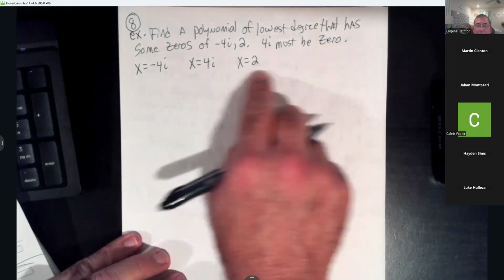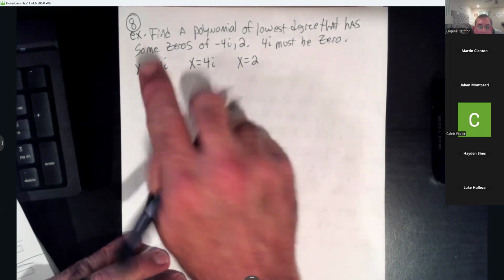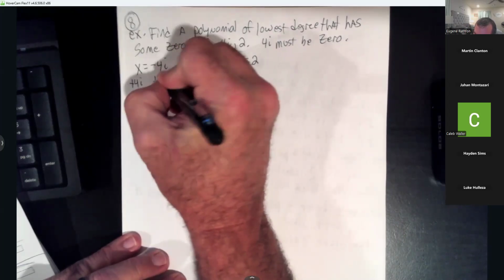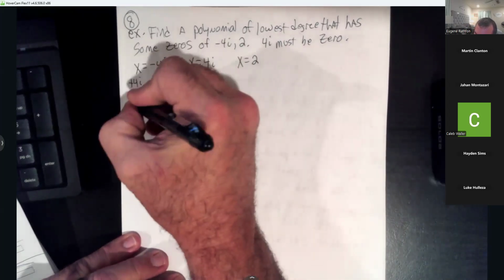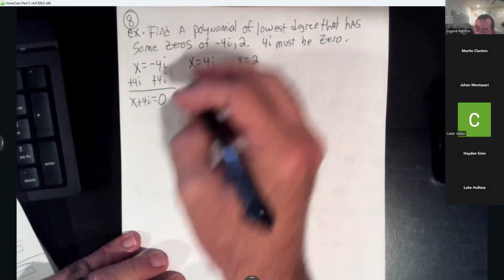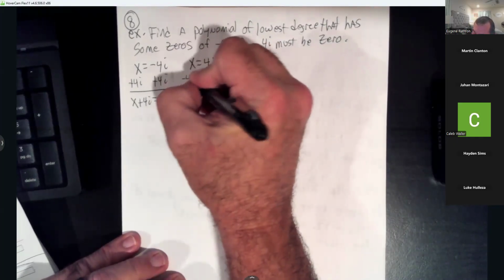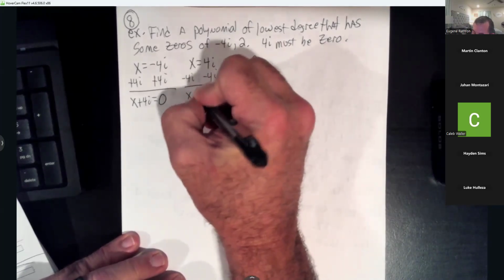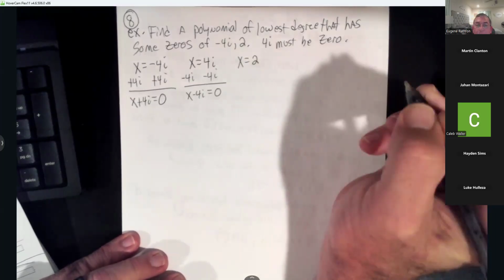All right, y'all, I'm going to work these like I did the first 4. I need a 0 on the right side. So here we're going to add 4i, and that gives us x plus 4i equals 0. Second one, I'm going to subtract that 4i, and I get x minus 4i equals 0.